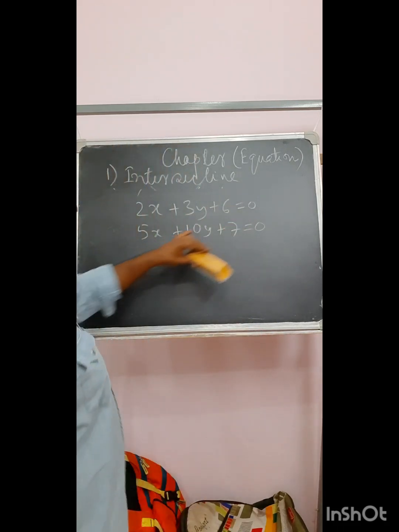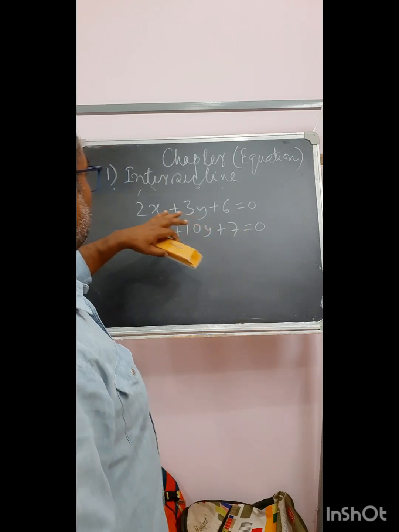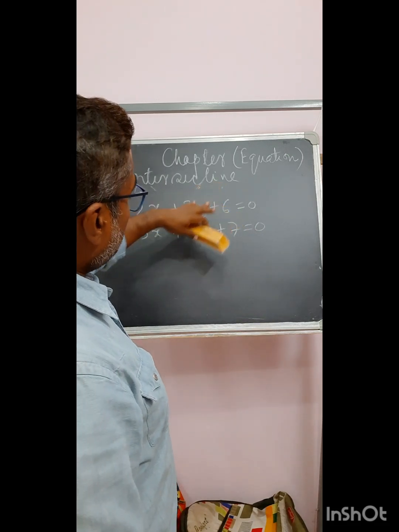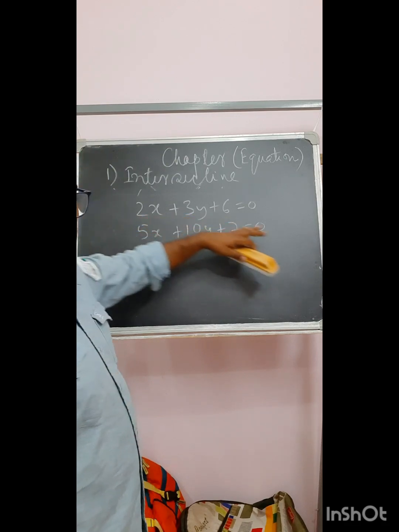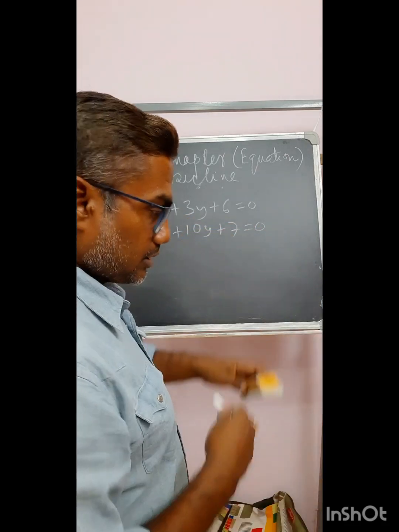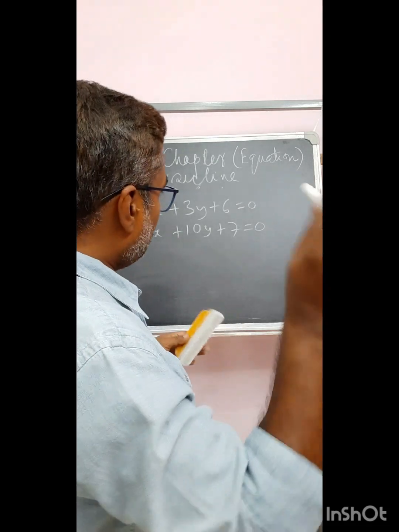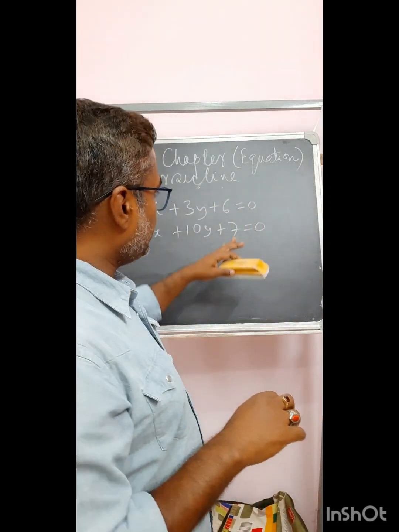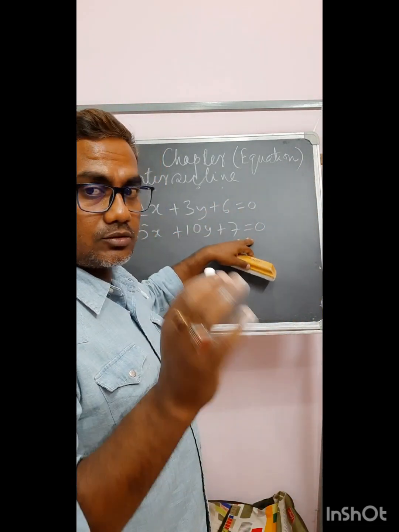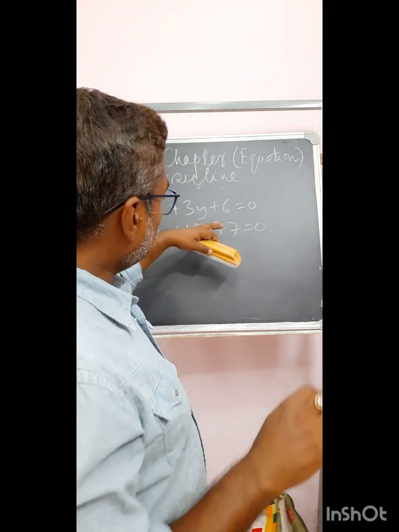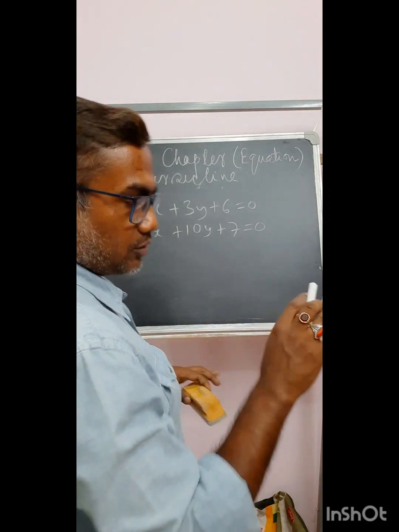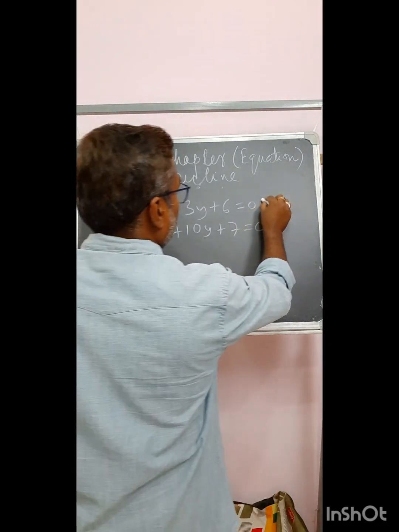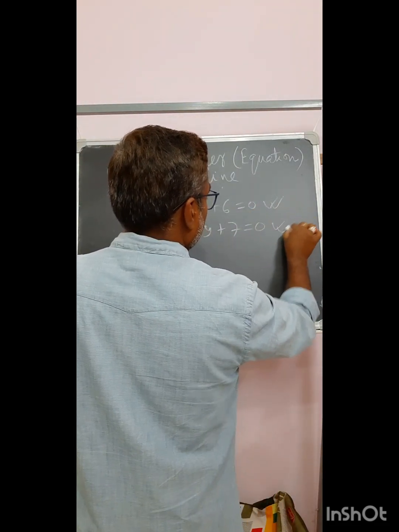Now you are given to prove whether these lines are intersecting or not. It is a little twisted, because before I showed that if two lines are intersecting, you find the common point of intersection. The concept is the same.